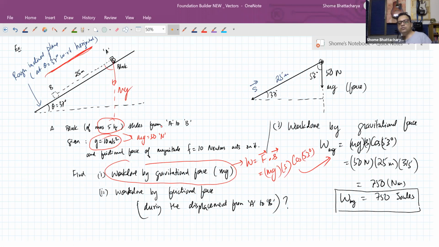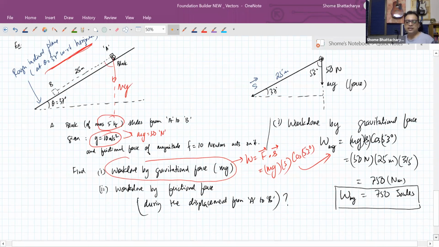Now quickly work out the work done by friction also next. The algebraic sign is not correct, Om.